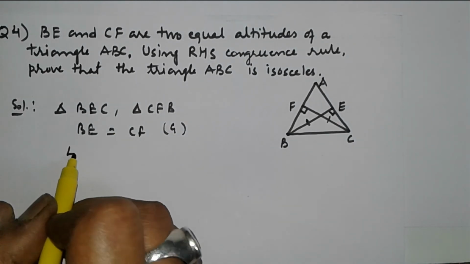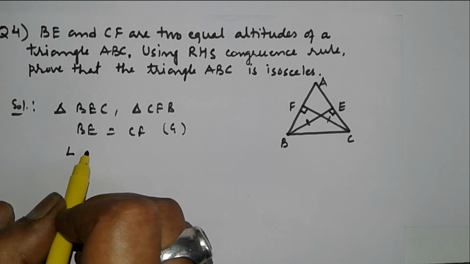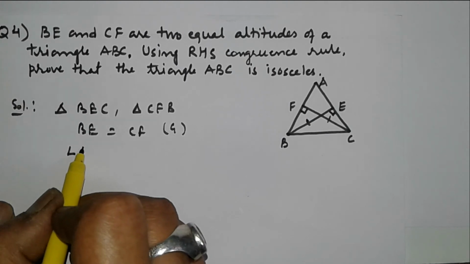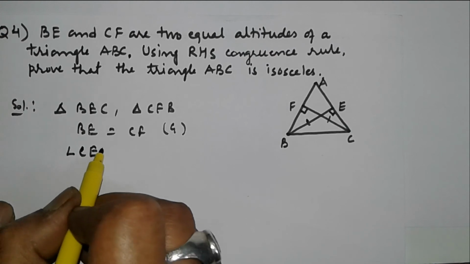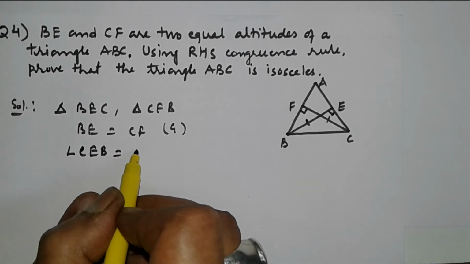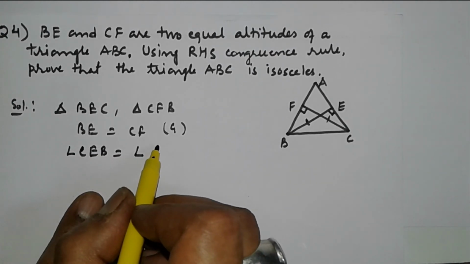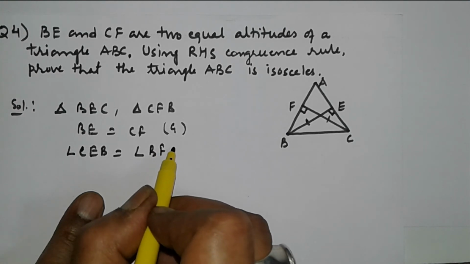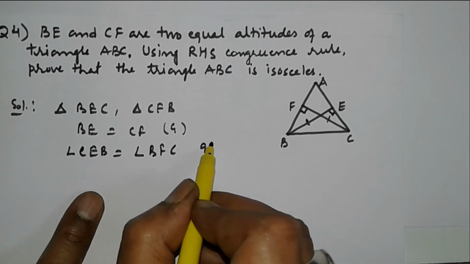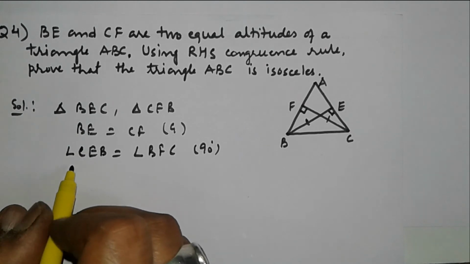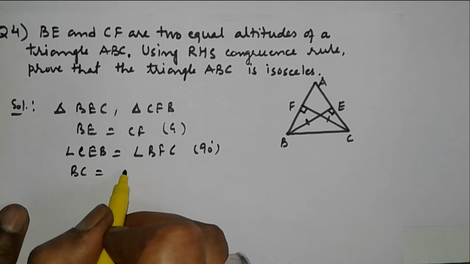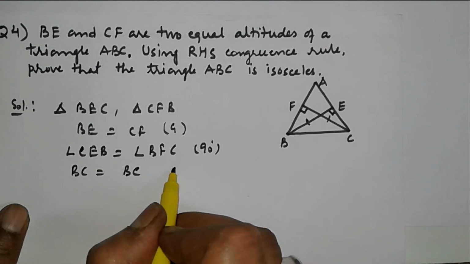Now angle CEB is equal to angle BFC, 90 degrees, and the third thing is that BC is equal to BC, it is a common side.